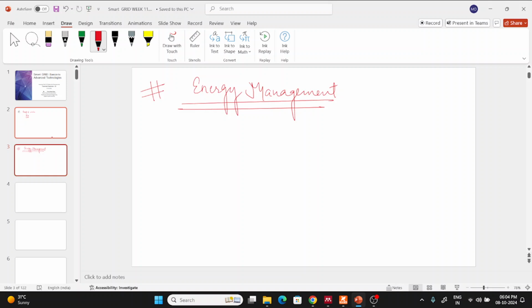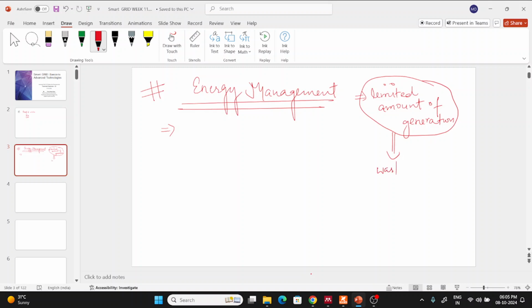Energy management is a technique to manage the energy in our grid, because we have a limited amount of generation. That limited generation will be used to satisfy our demand, so there should not be any losses or wastage of energy. That's why energy management is very important.